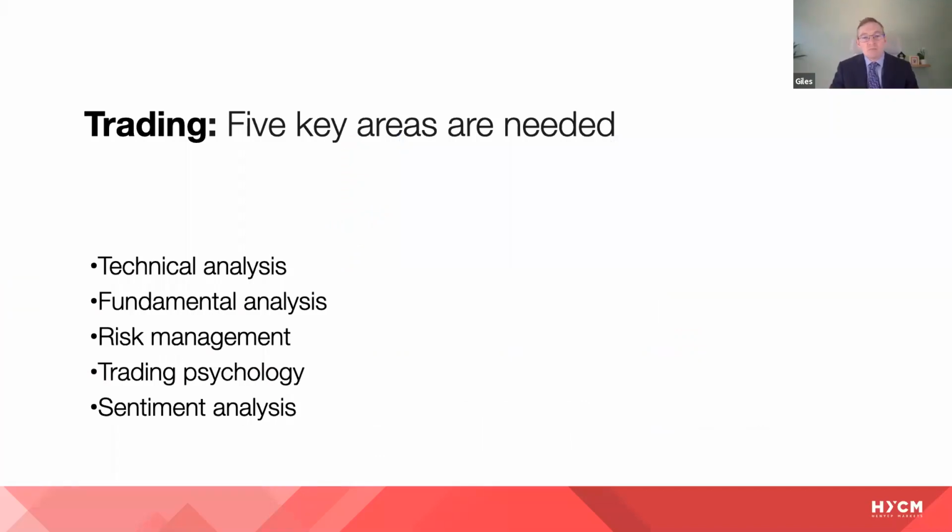If you don't have one of these five key areas, often the whole structure of your trading ability will fall down. This is why trading is so incredibly challenging, because the level of skills needed is wide-ranging and quite diverse, and it's a very tricky concept. But you essentially need these five key areas.